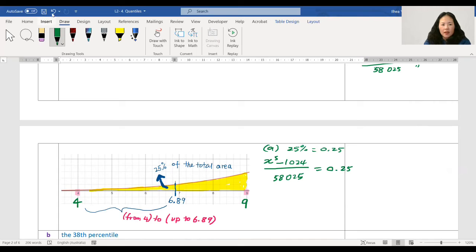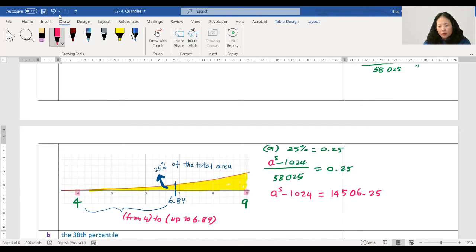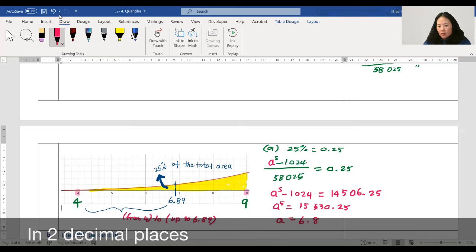One thing we've got to think about now is that x is not the x, it's the a now, because we want to know where it's going to go up to. So 0.25 times 58,025, and then we add the 1,024, you will get 15,530.25, and then you do the power of 1/5, you will get 6.89. That's your x value.